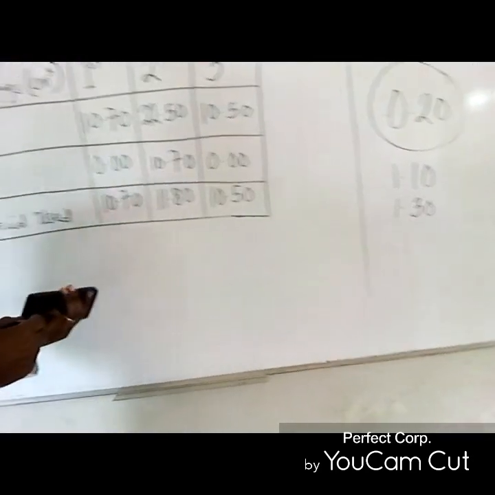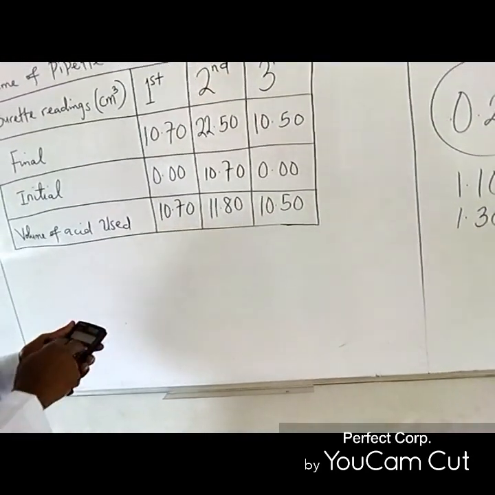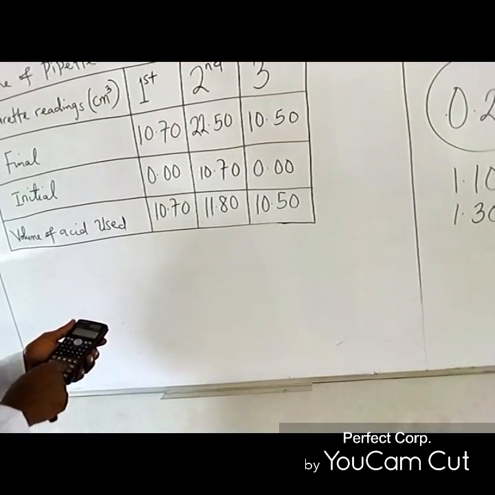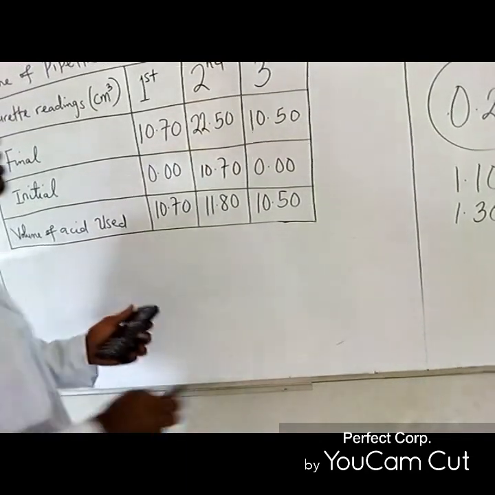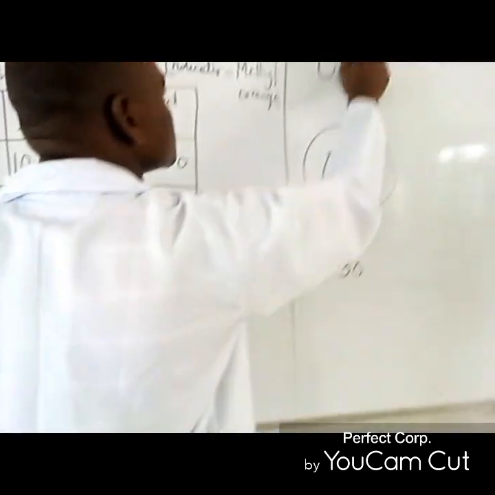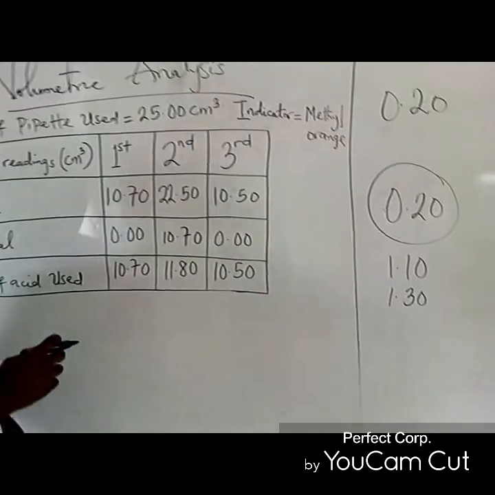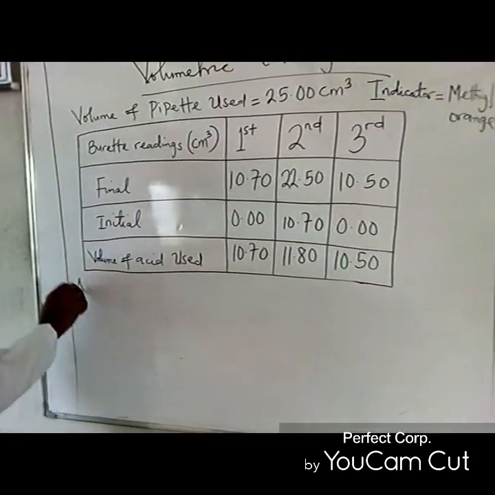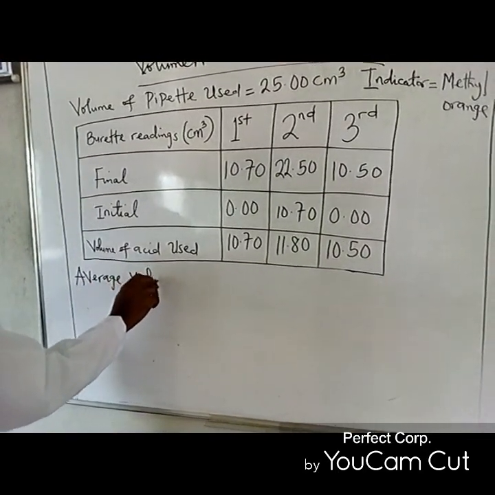Okay, now let's subtract this from this. 10.70 minus 10.50. Yes, the answer we got is 0.20. So it's accurate with this. Which means when you want to calculate the average volume of acid used, just quickly calculate for that.